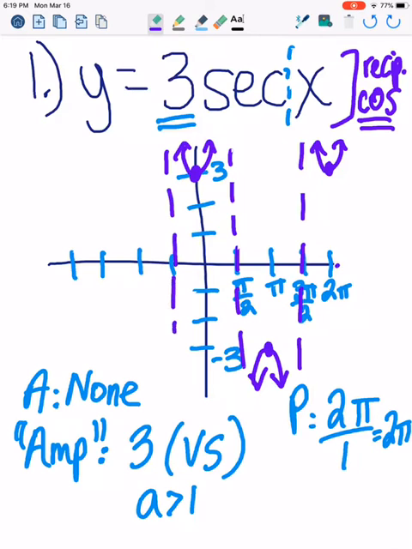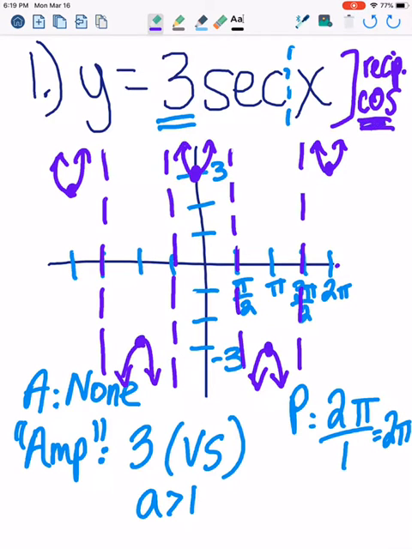So asymptote down, asymptote up. So just remember, asymptote every other tick mark. Remember, the y-axis is a giant tick mark. And then it's going to look kind of like cosine because it's going to start up at the amplitude and then it's going to go down on both sides. So pause the video, make sure you have all of that written down if I went a little quickly, okay?